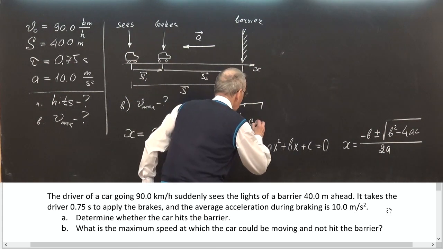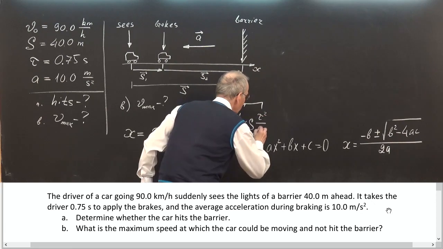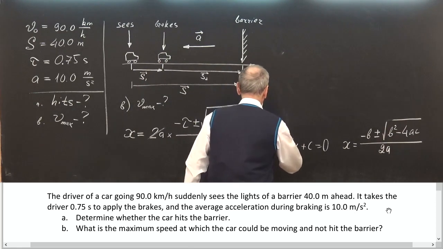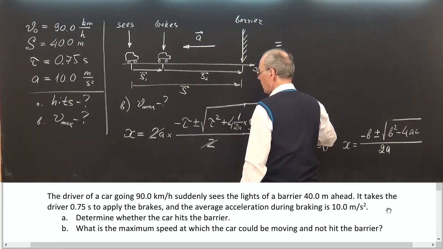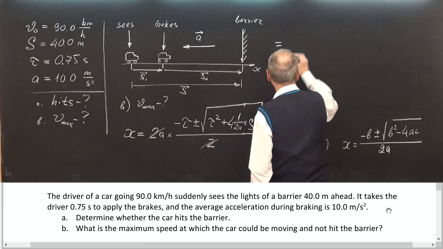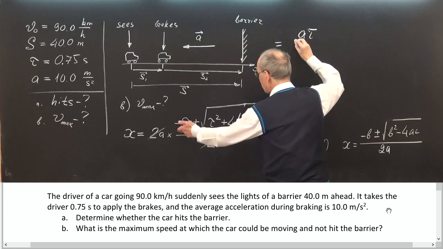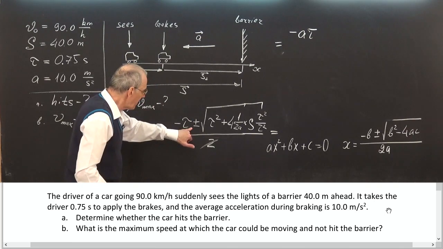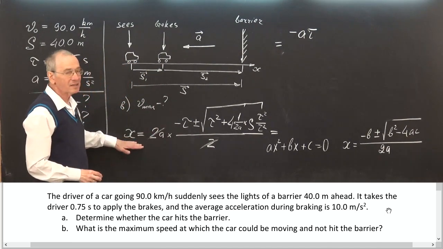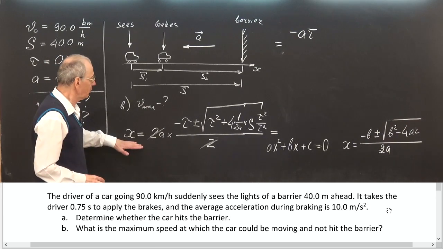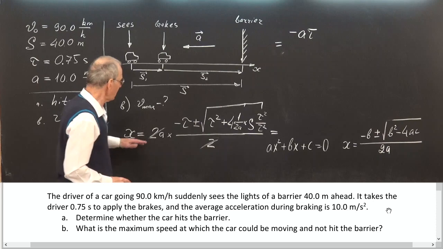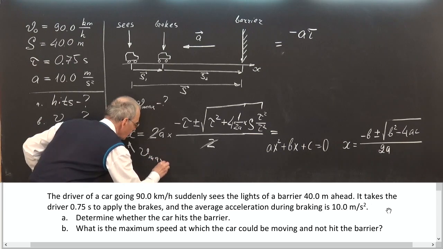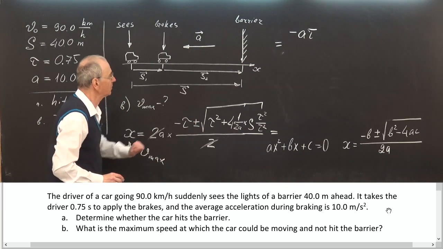To do this, let's multiply by tau squared and divide the last term by tau squared. Then, look here: the minus sign doesn't make sense because x is our maximum velocity, so we keep only the plus.